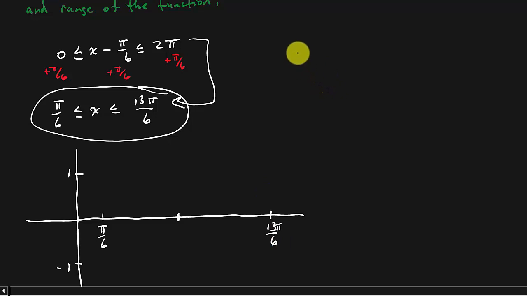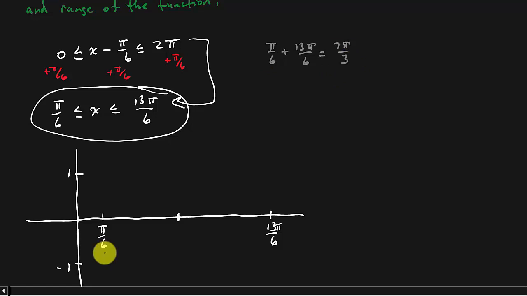So I'm going to come over here. I've got pi over 6 plus 13 pi over 6. And that's 14 pi over 6. Let's see, 14 over 6, that's what, 7 pi over 3. Yeah, so that's going to be 7 pi over 3.